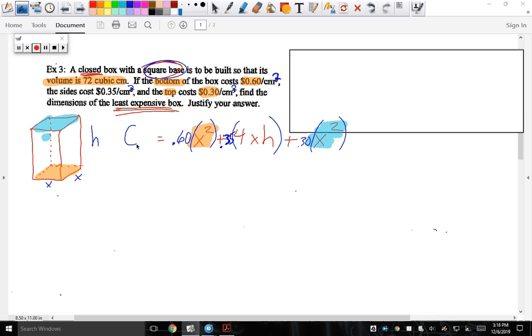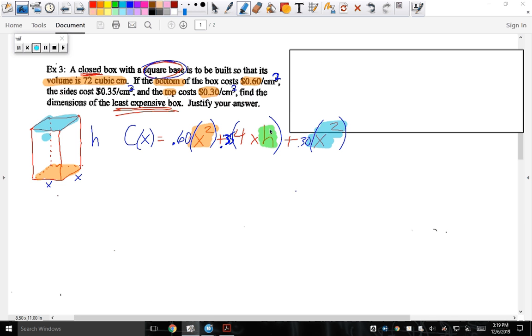C of X. I want to do C of X, but I got to change H, right? So I'm going to have to change H into some kind of X value, right? So I just need to change this variable right here, and I'm good to go.